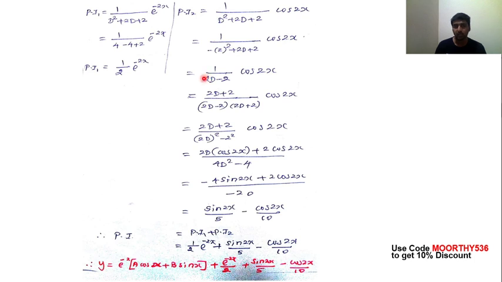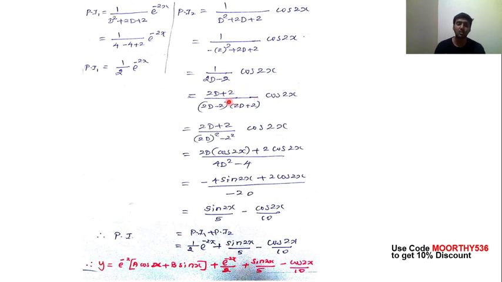Here if you are having only the D in the denominator, the 1 by D stands for the integration, so we can directly integrate. But in the denominator, 2D minus 2, in this category, here again we have to convert the denominator into the D square format. For that we are multiplying the 2D plus 2 in the denominator as well as numerator.